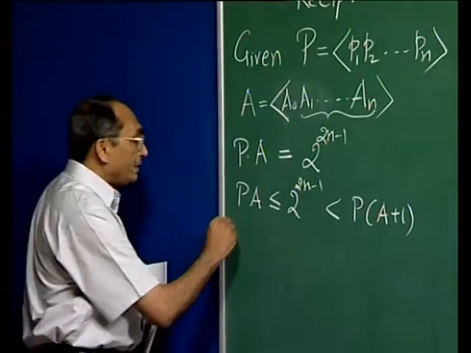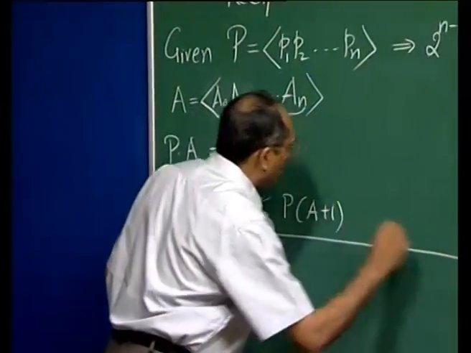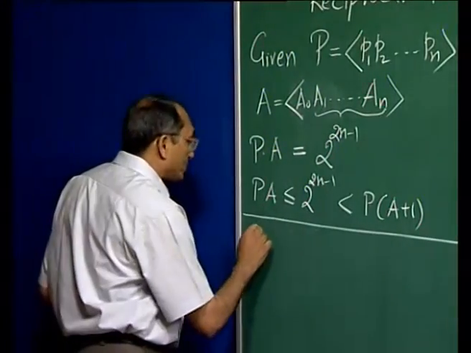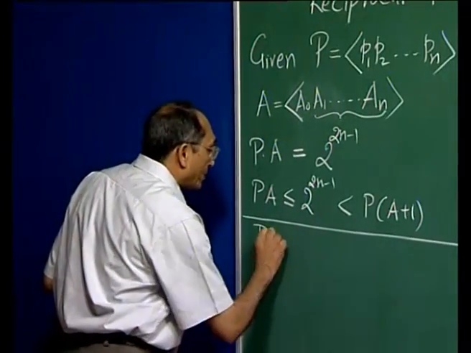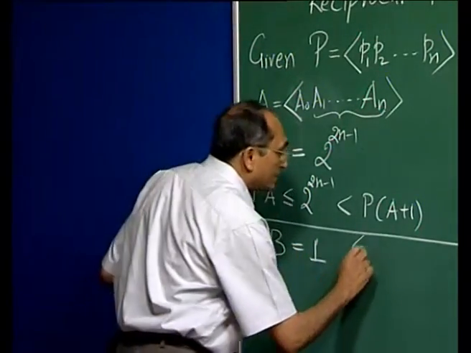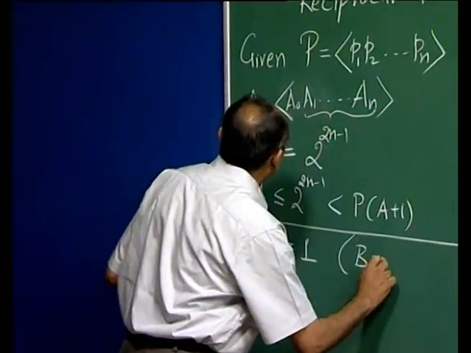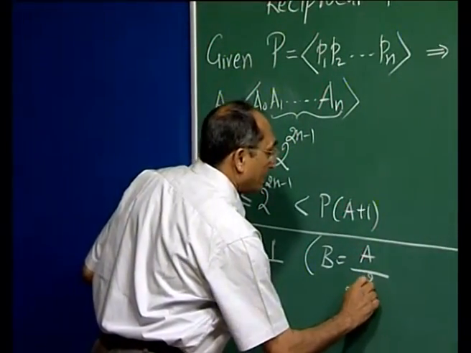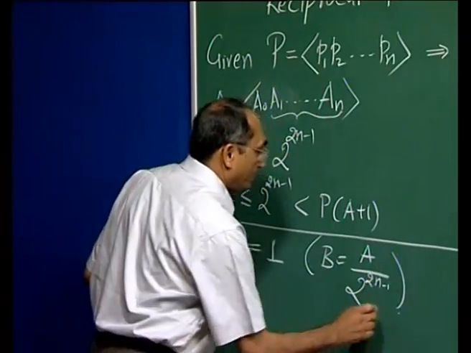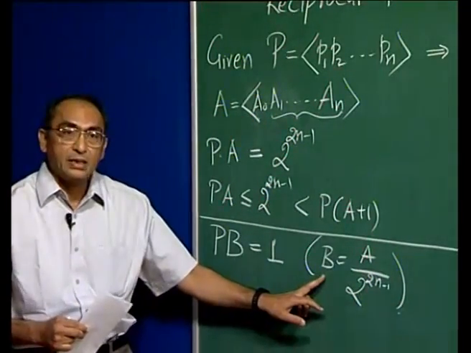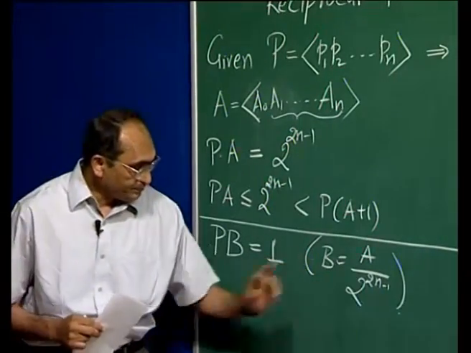Now before I get back to this problem, let's take a special case of p b equal to 1. In other words, my b is the same as a by 2 power 2n minus 1. This is just for the ease of our discussion, I am assuming this number b.